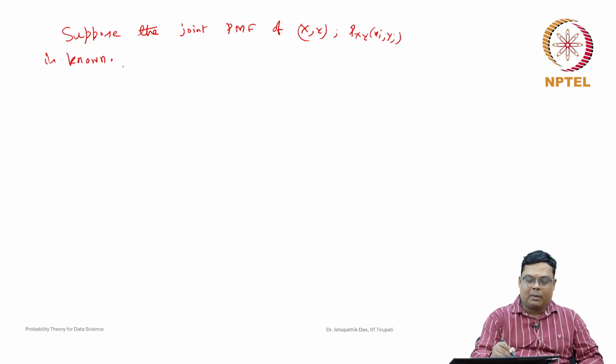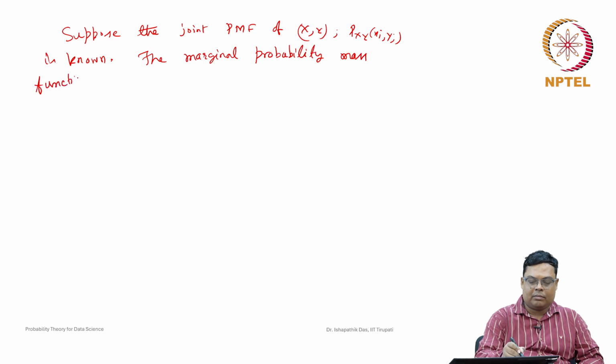The marginal probability mass function, PMF of X, is given by f_X of x_i.